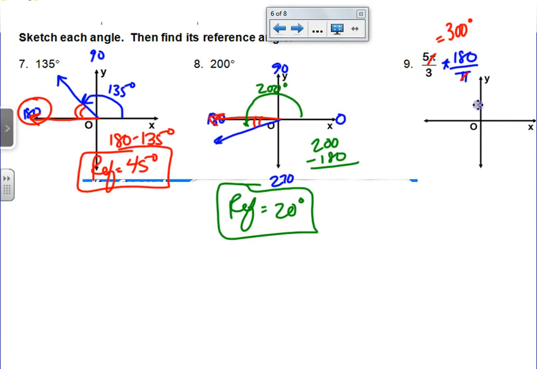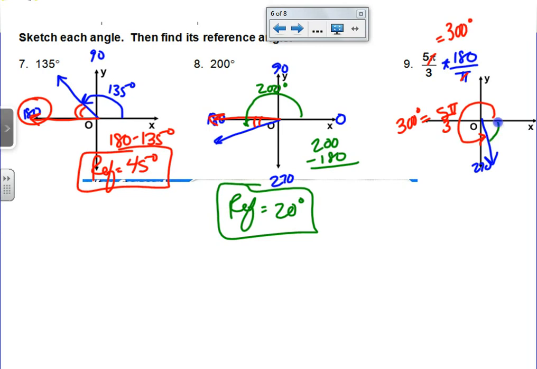So think about where that lands. This is 180, 270, and this is 360 up here. So I think it lands kind of right here. And you could label it 5 pi over 3 if you'd like, or you could call it 300 degrees. Now remember, his reference angle is how far away he is from the nearest x-axis, the nearest horizontal axis.